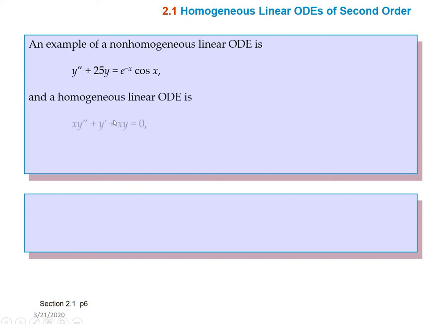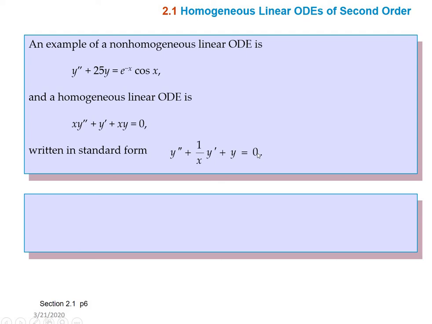Another example is over here. Homogeneous linear ODE. Homogeneous because I have 0 over here. Linear, because y double prime, y prime, and y are all linear. Now, if you need to write it in the standard form, divide the whole equation by the leading coefficient, which is x over here, and you're going to get the standard form, which is y double prime plus 1 over x y prime plus y equals 0.